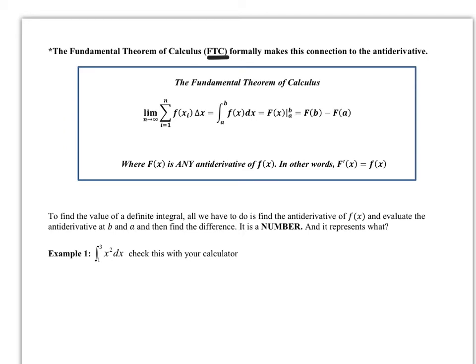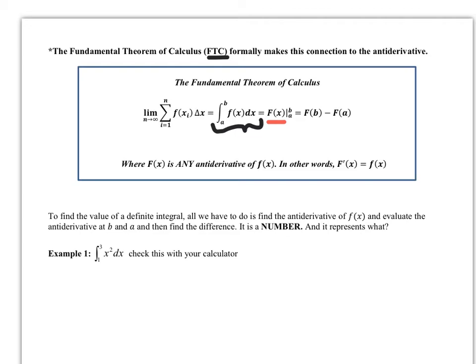So the fundamental theorem of calculus, FTC, formally makes this connection to the antiderivative. What happens is the area under the curve from a to b gives us an antiderivative. We get this antiderivative f of x, and it's got a constant on the end of it, so it's really f of x plus some constant c.